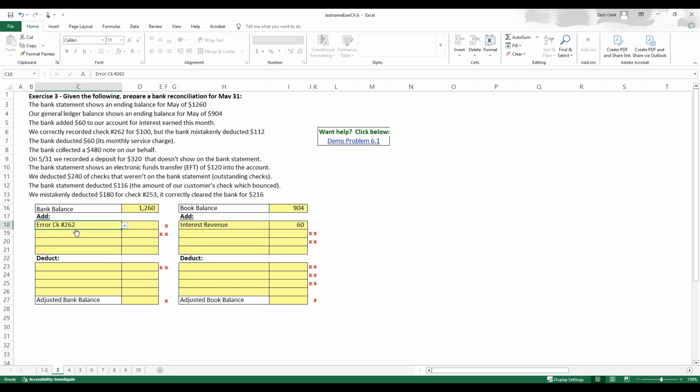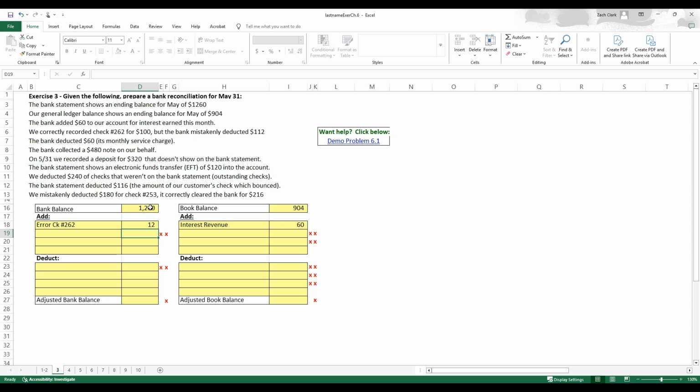Here we can see error, check number 262. And basically the bank balance would be too low by $12. So we need to add back $12 to make it match the amount of money that went out on our books, on our accounting side.